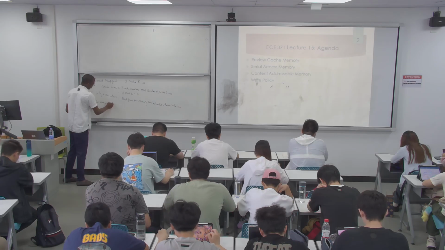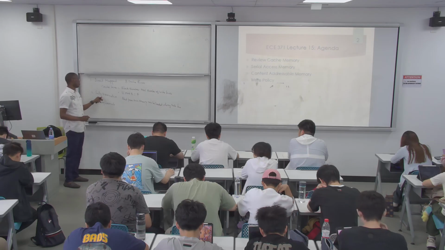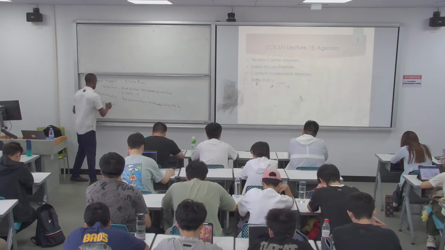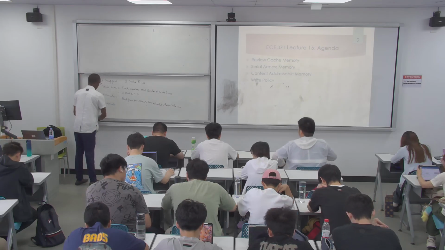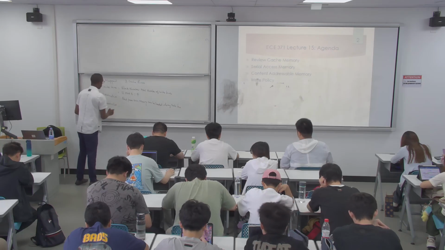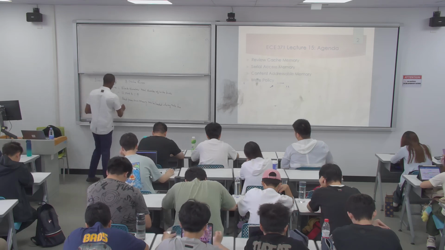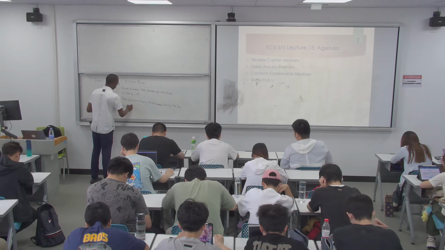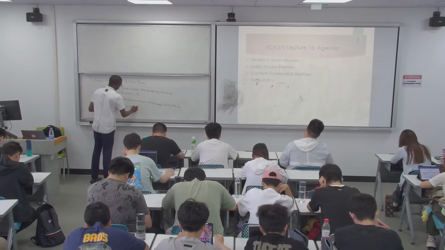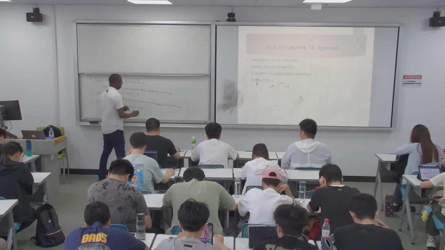So the third one is set-way associative. This stands between the previous ones, between the direct mapped and the fully associative. To find a set for a block from the main memory, we do the block number modulo the number of sets.